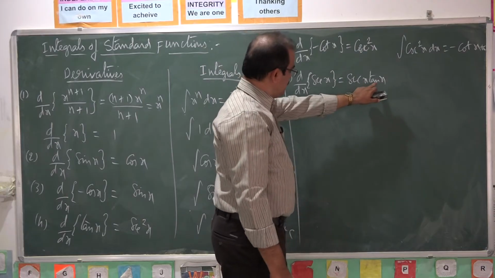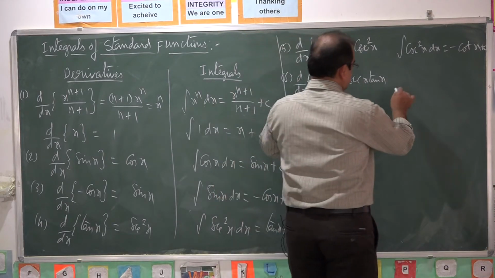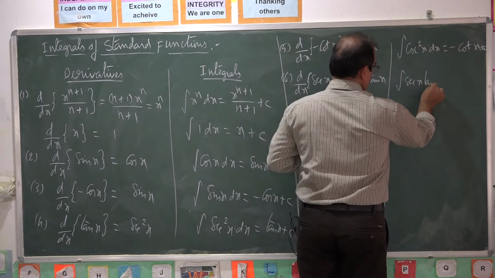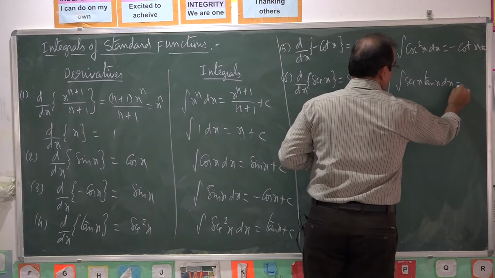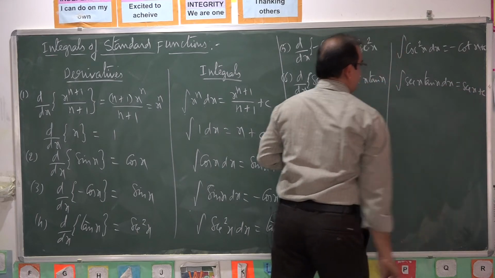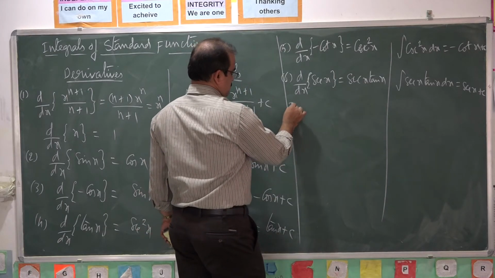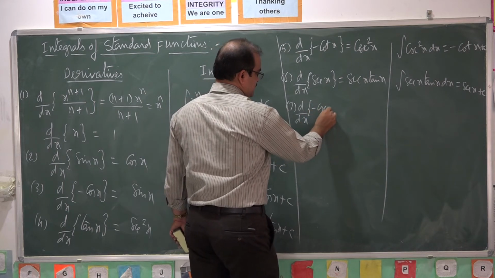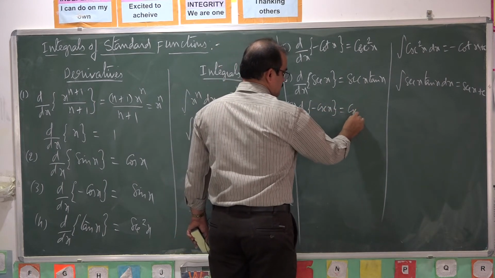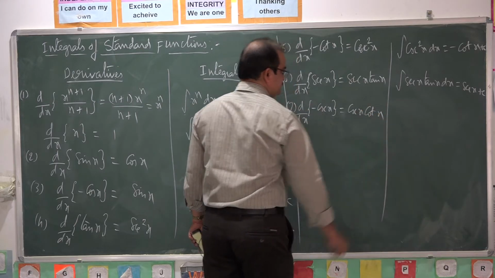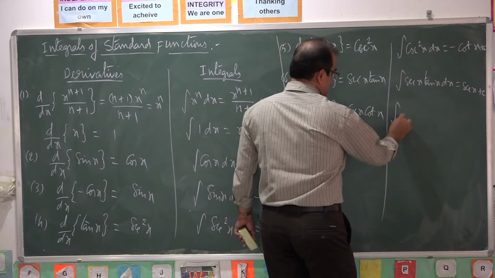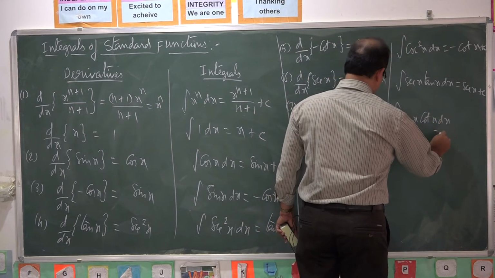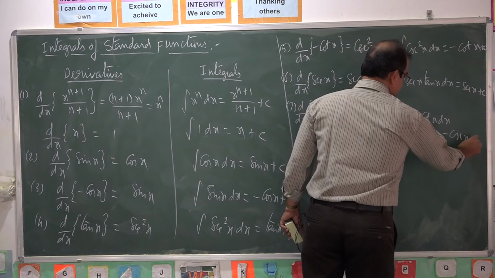So integral of secant x into tan x is secant x plus c. d by dx of minus cosecant x is equal to cosecant x into cot x. So integral of cosecant x into cot x dx is equal to minus cosecant x plus c.